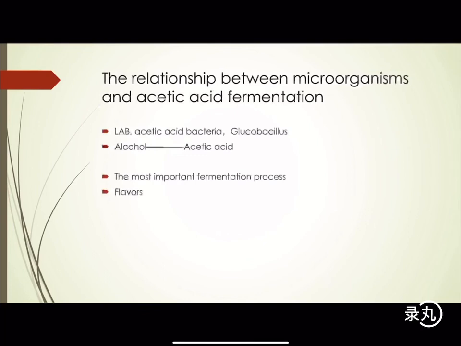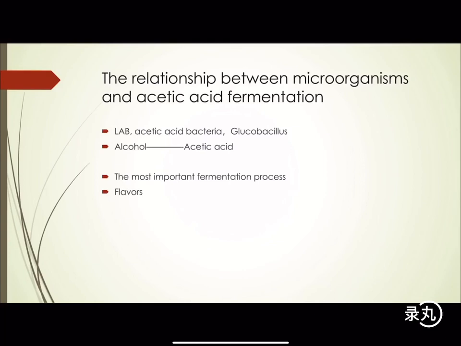Finally, acetic acid fermentation is a highly critical part of this fermentation period. Most of the major flavor components in vinegar are produced at this stage. In the acetic acid fermentation period, most bacteria are acetic acid bacteria, which can tolerate higher concentrations of alcohol and high acidity.